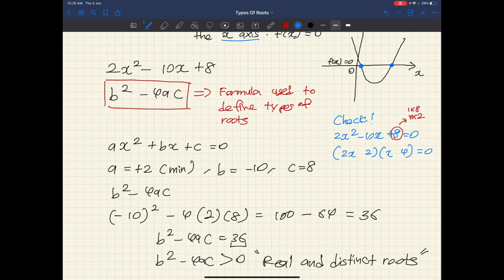If I put 2 here, I multiply and get 2, and then 8 plus 2 gives me 10. Now my objective is to get negative, so I have to put negative here, and now everything sorts out by itself. You can also just simply use your calculator.